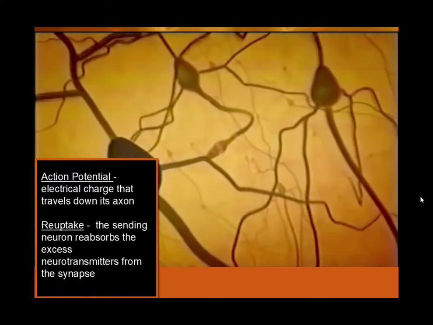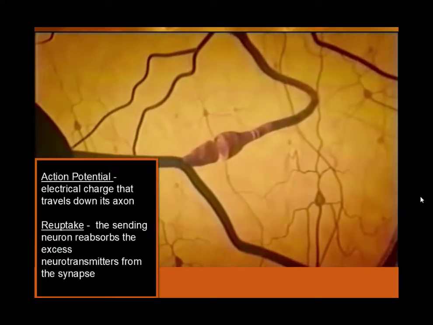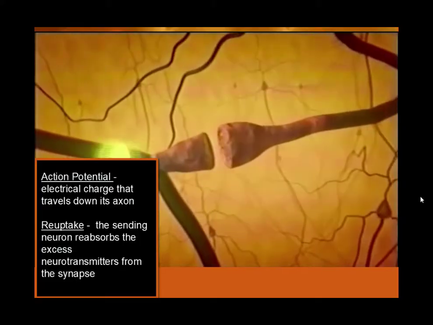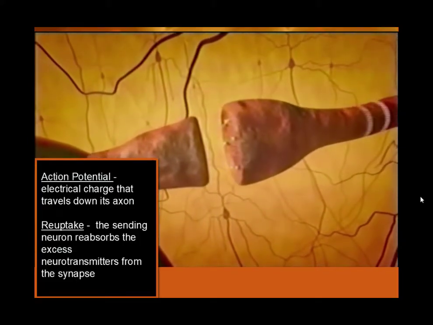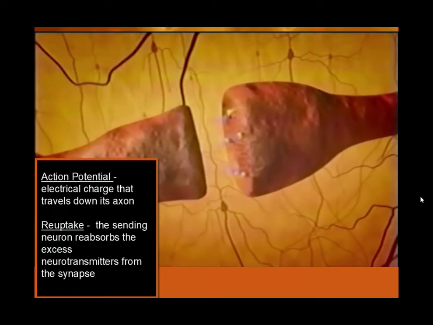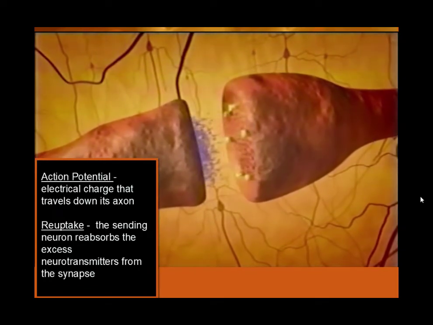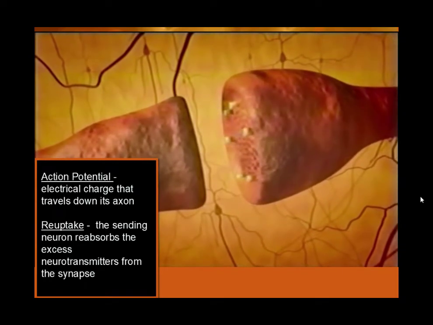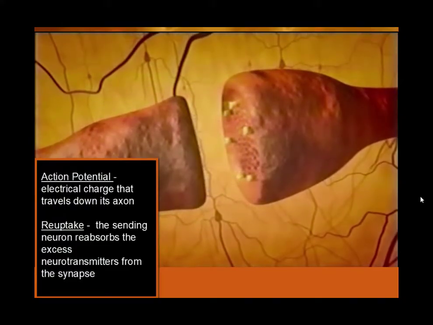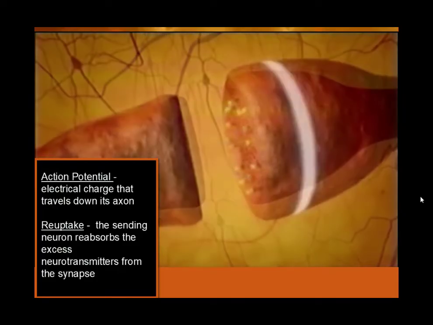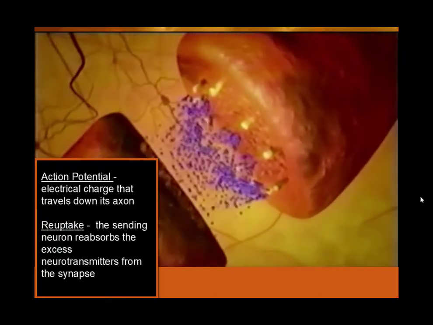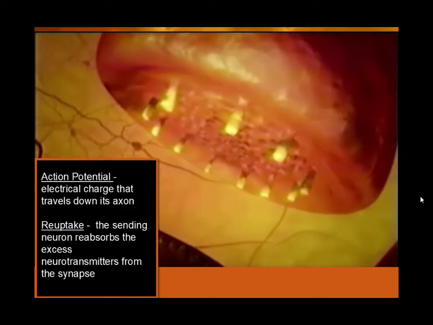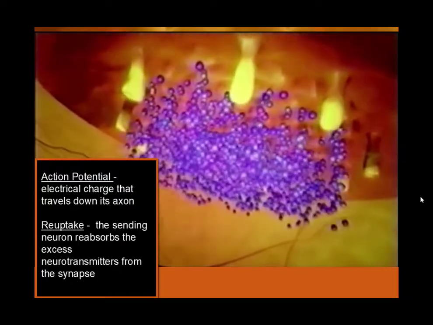The process of getting the action potential and the neurotransmitter then to another neural network, there it's being sent across the synapse, and once that receiving neuron gets enough of its information, the sending neuron takes back the neurotransmitter that doesn't get used in a process known as reuptake. So the sending neuron reabsorbs the excess neurotransmitter from the synapse.